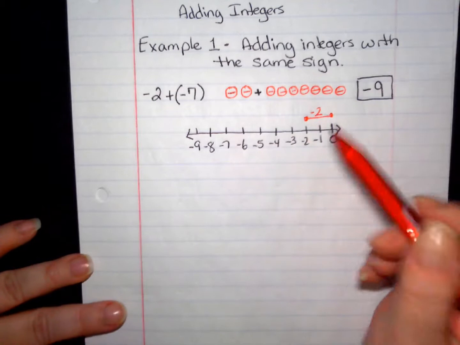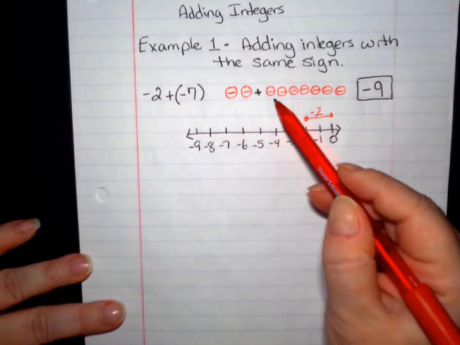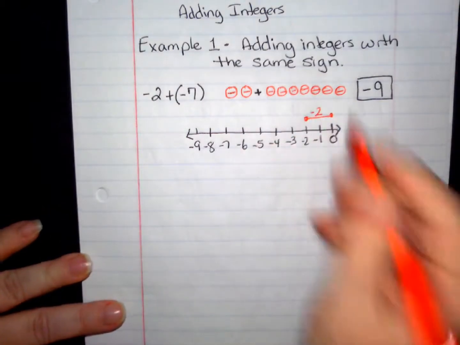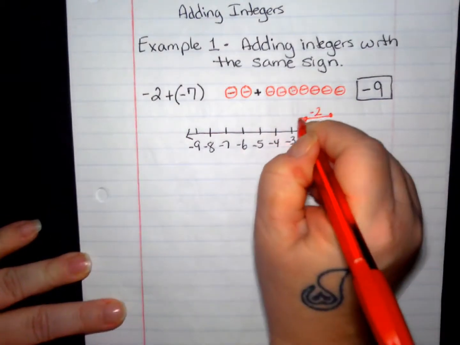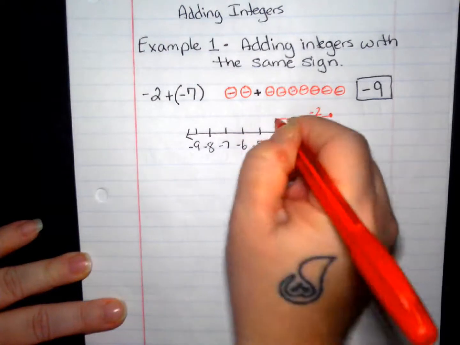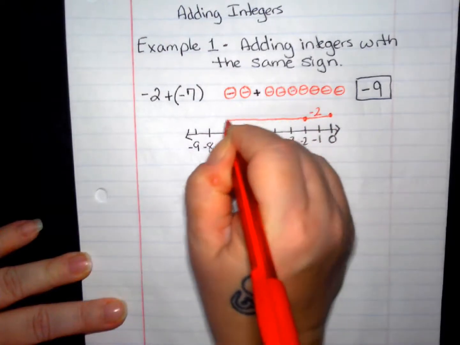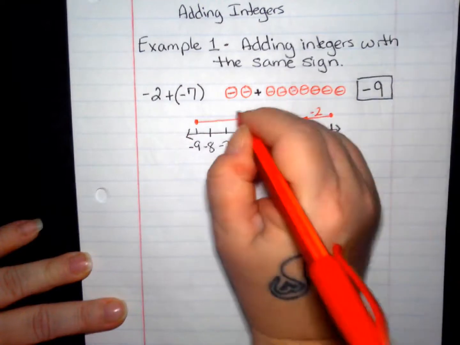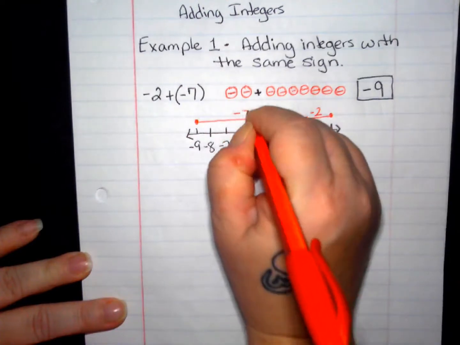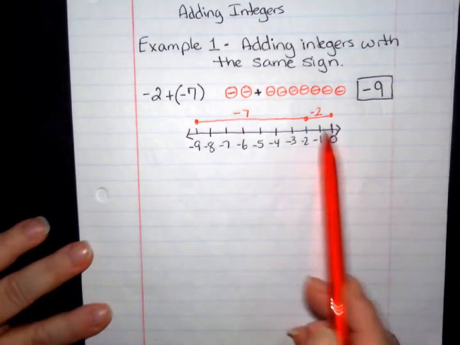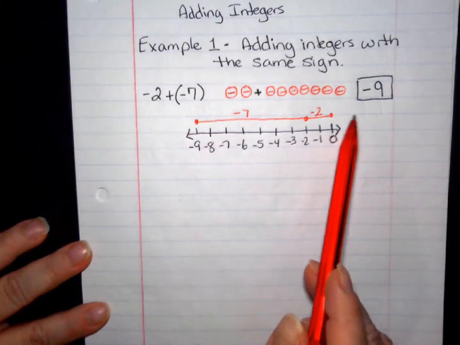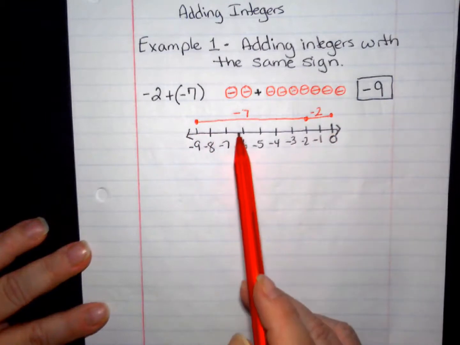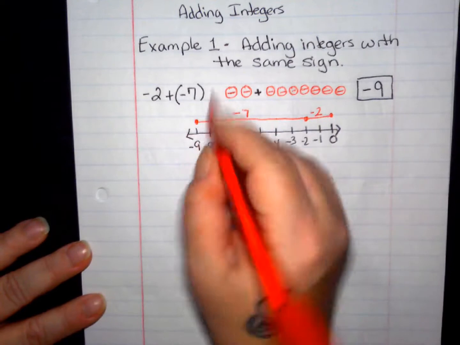Okay, then I'm adding -7. So I'm going to go 1, 2, 3, 4, 5, 6, 7. -7. So when I have one line that has -2 plus -7, I get -9.